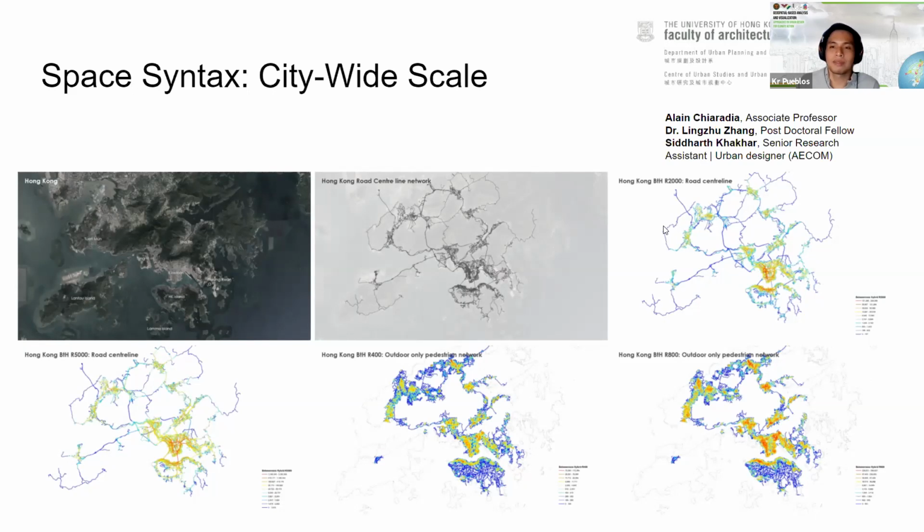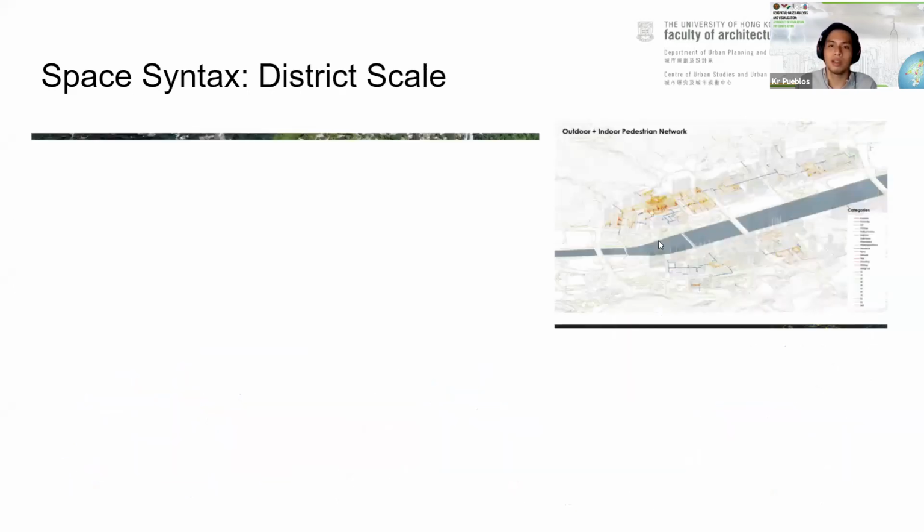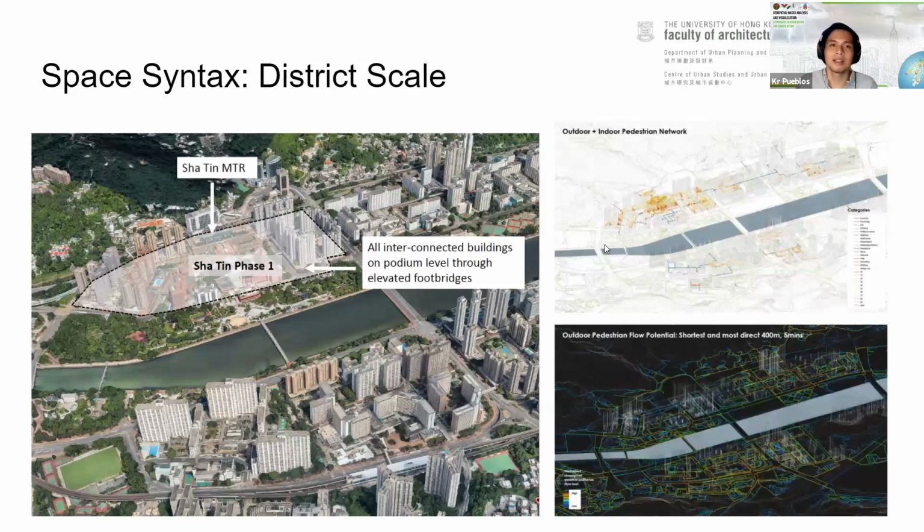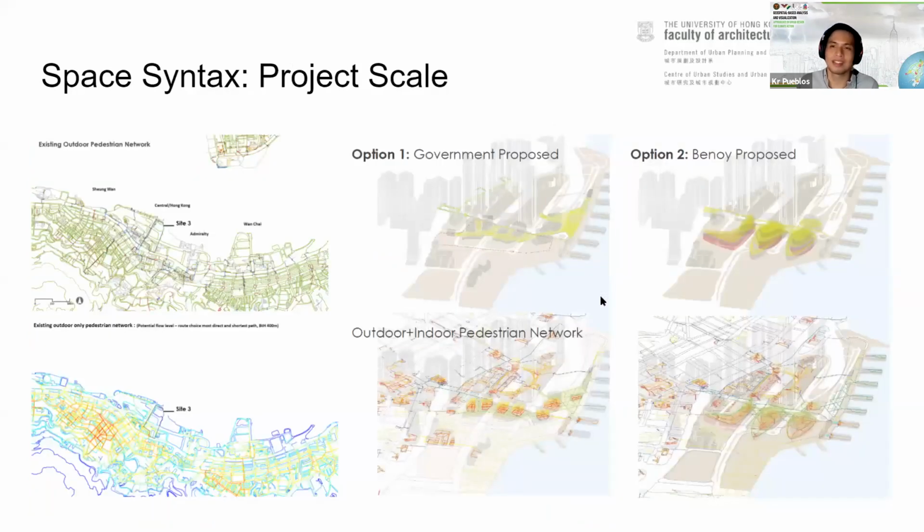So this is space syntax applied to different scales, and you can see pedestrian networks, shortest and most direct paths at district scale. And then you can also see it at a project scale to evaluate different plans, see the pedestrian networks on both plans, and evaluate from there.